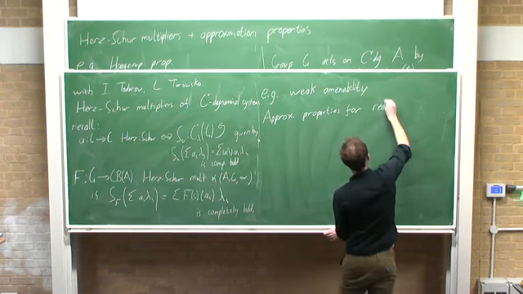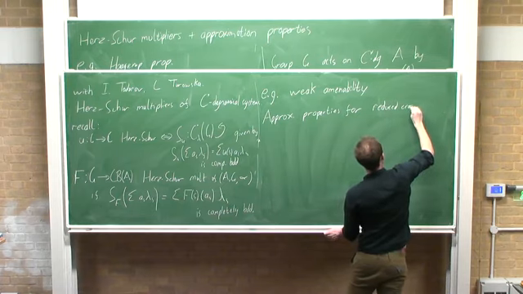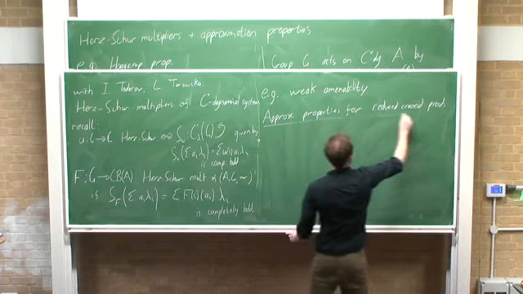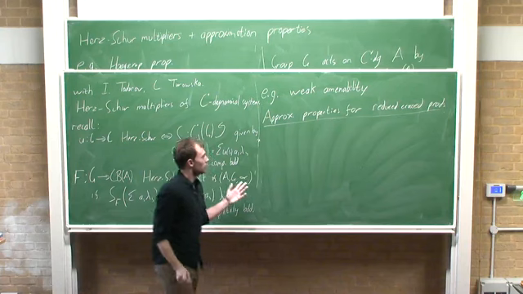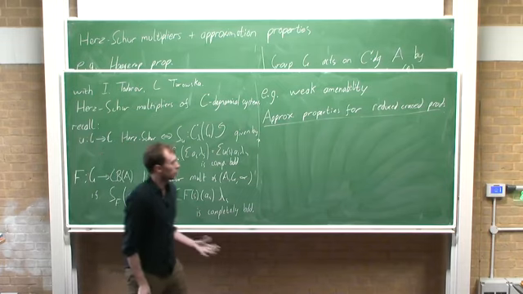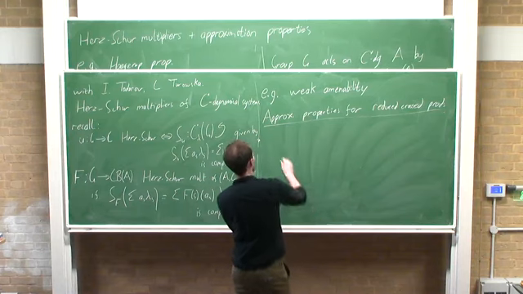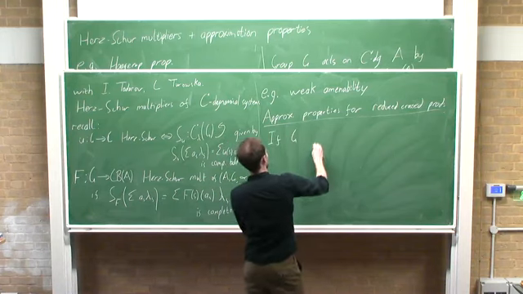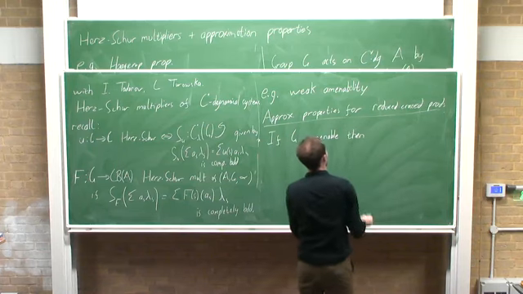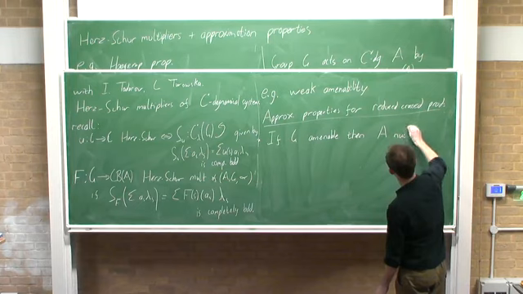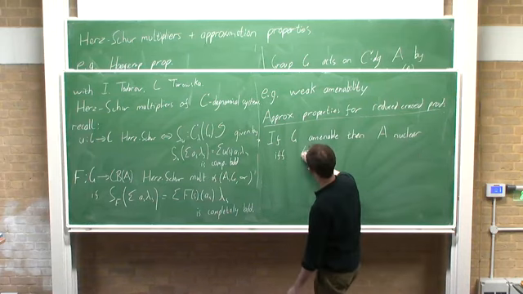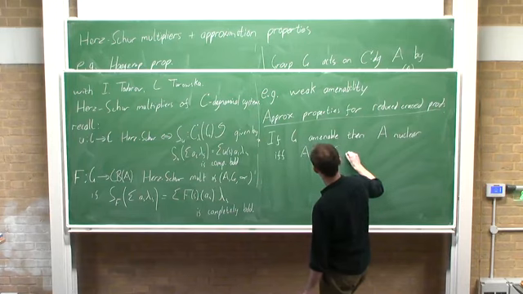Or let's say reduced cross products. Of course people have already studied these to some extent, and there's a lot of results that look something like: if G is amenable, then A is nuclear if and only if the cross product is nuclear.